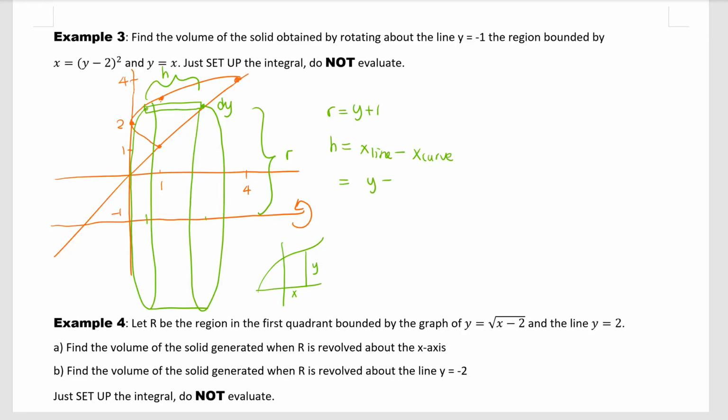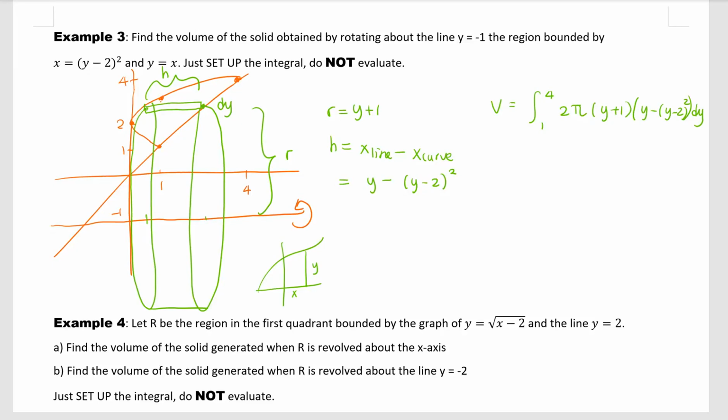But the x on the curve is (y minus 2) squared. Finally, my y goes from 1 to 4. And then 2 pi, r is y plus 1, h is y minus (y minus 2) squared, dy. So this is the setup.